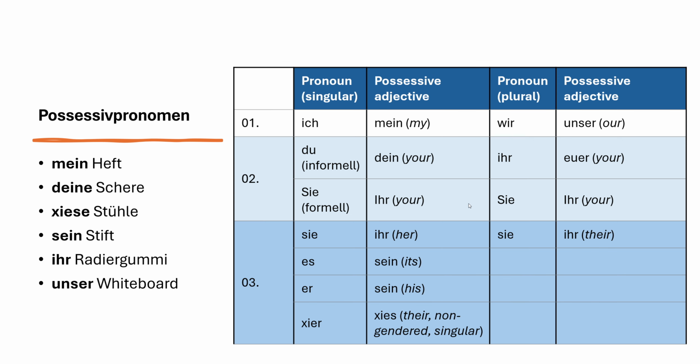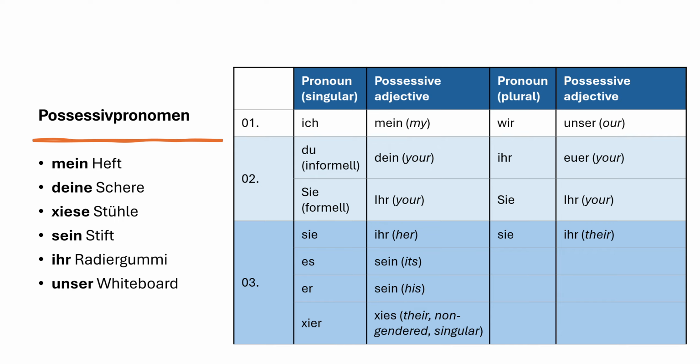So I want you to maybe pause the video and take a look at this list on the left of the screen and try to intuit, is this thing possible? There's a couple of possibilities. Is this word Heft, Schere, Stühle, Stift, Radiergummi, whiteboard masculine or neutral?